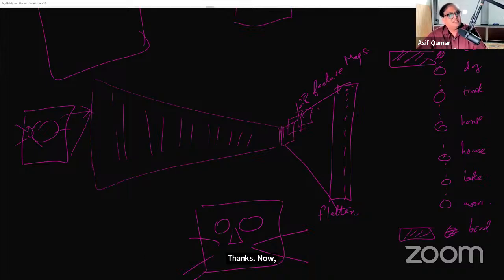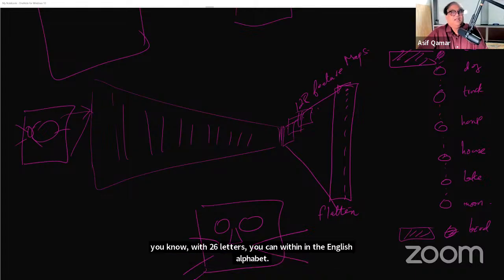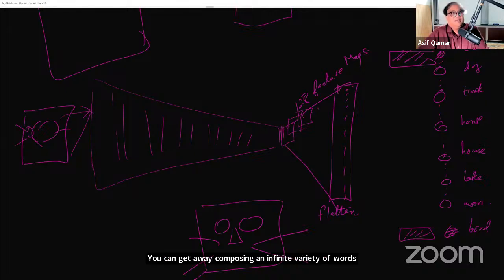And the reason for that is the visual domain, despite its complexity, when you look at it as a hierarchy of compositions of simpler shapes, is actually extraordinarily simple. It's just like with the 26 letters of the English alphabet, you can compose an infinite variety of words and sentences and texts and poems.